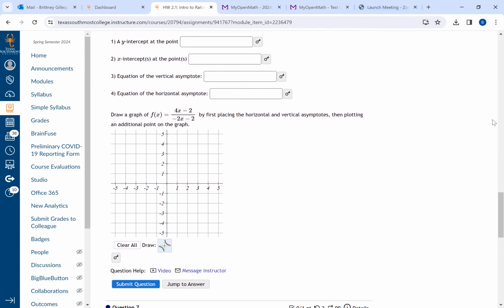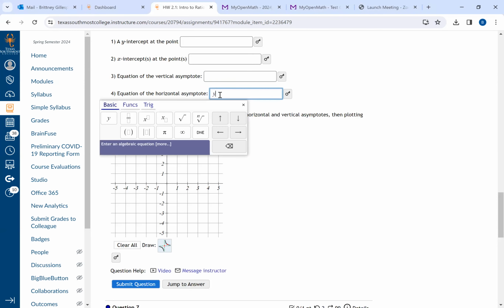And assuming that you have done all the information above, they want you to be able to graph by first placing the horizontal and vertical asymptotes. Here, the equation of the horizontal asymptote, because they have the same degree, we would take the leading coefficients.